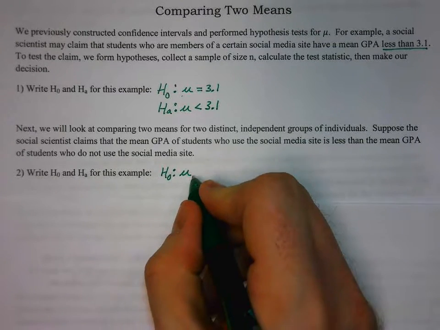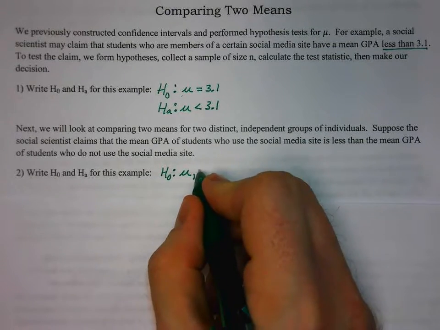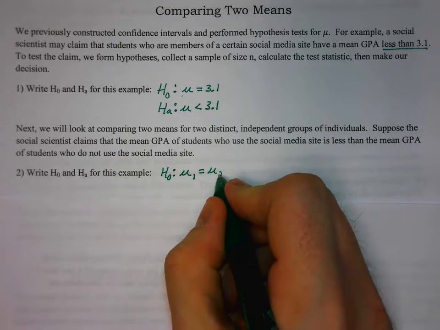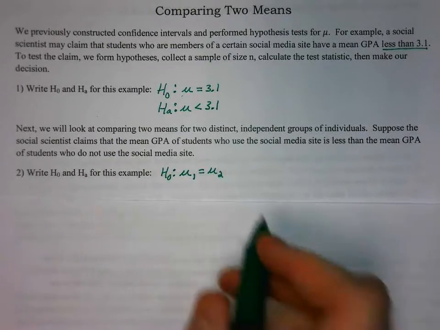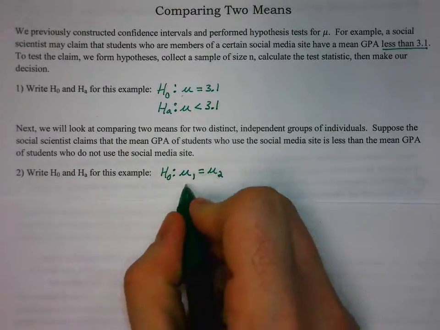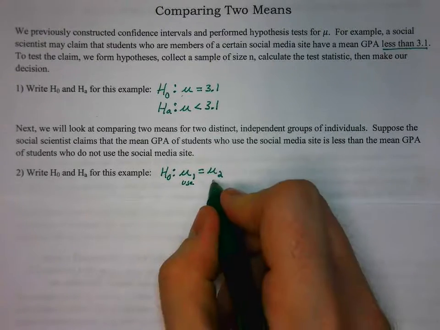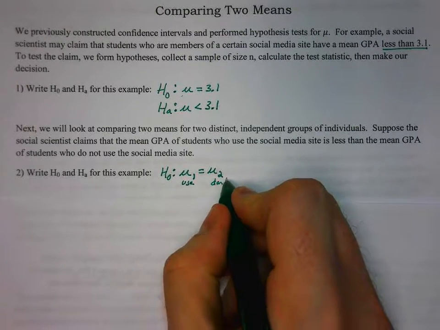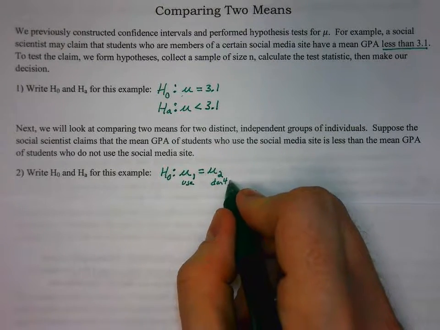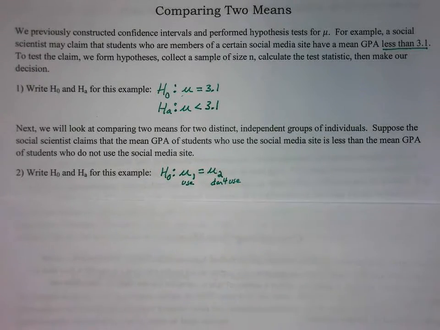So what we're looking at is that mu1 is equal to mu2 for the null hypothesis. That would be mu1 representing the students that use the site, and mu2 the average GPA of the students who don't use the site.